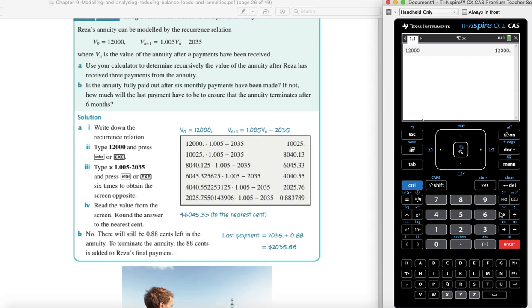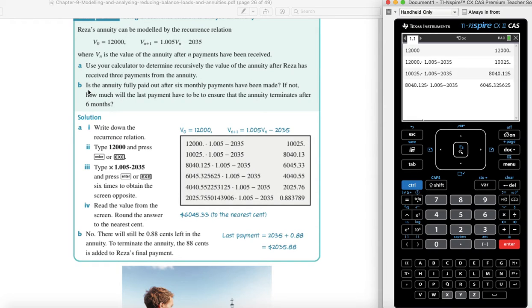And remember, we're going to multiply that answer by 1.005, and then we're going to subtract out our payment that we're going to get each single month. So there's our first value, there's our second, there's our third. And so that's part A there, and we've got the first 3 payments.